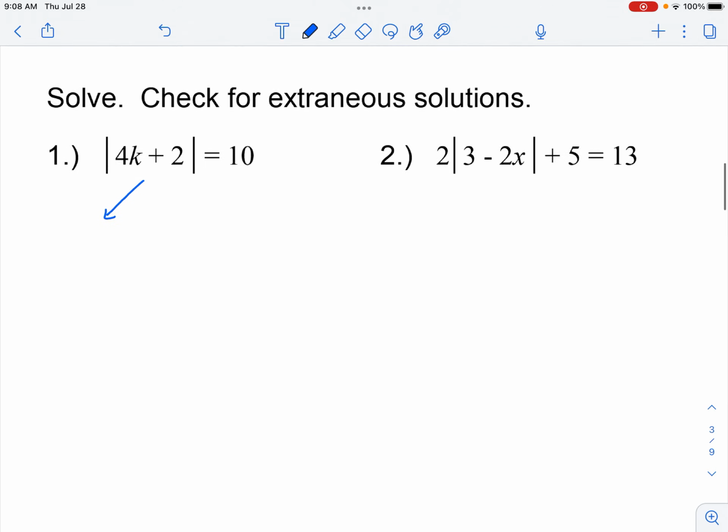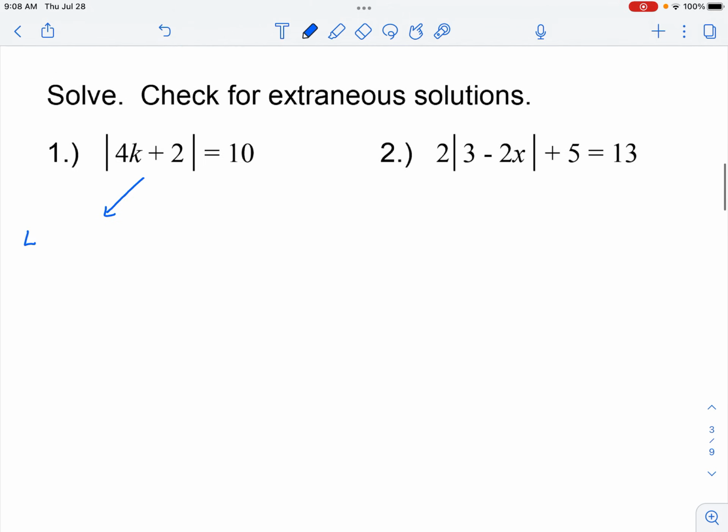Case number 1 is we just take the inside and set it equal to 10, because if I have the absolute value of 10, that will give me positive 10. The second case is I'm going to negate the inside: negative 4k minus 2 equals 10.